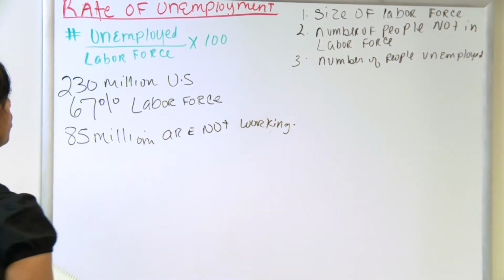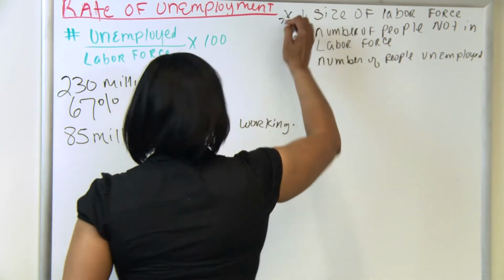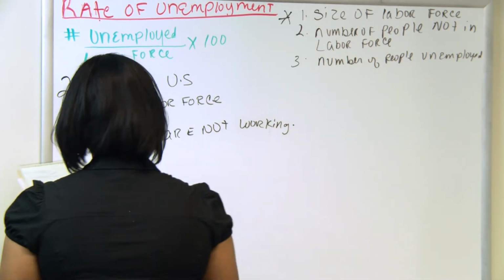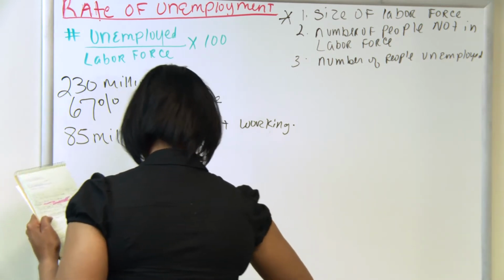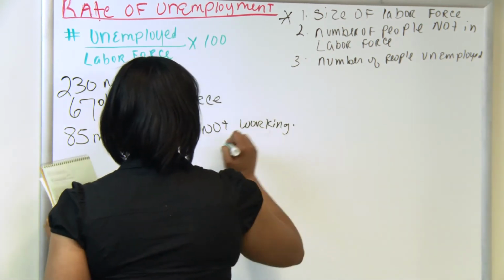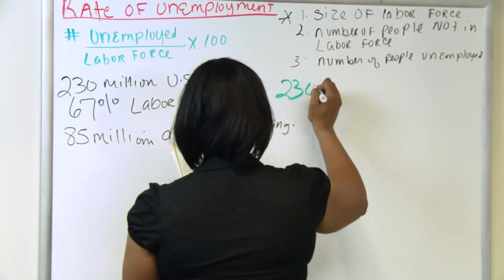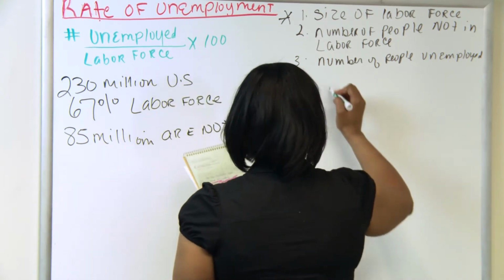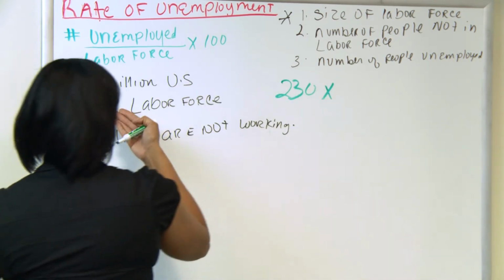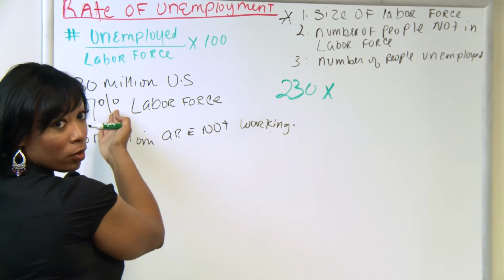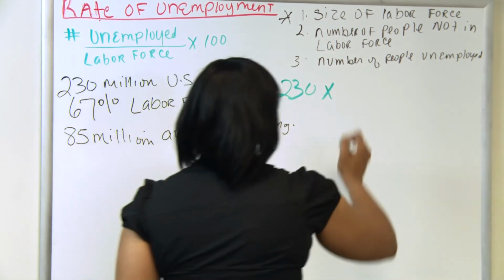Let's determine first the size of the labor force. In order to do so, we need to take the 230 million people that's in the U.S., and we're going to just times it times our rate of the labor force, or our percentage of the people that are participating in the labor force. See, real simple.